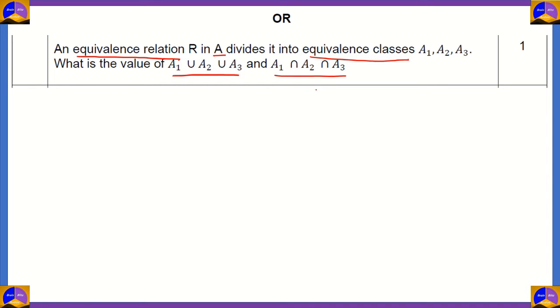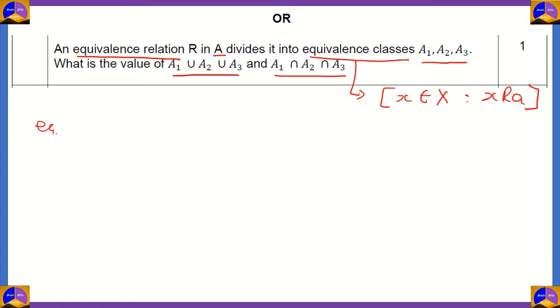So what is an equivalence class? An equivalence class is such that x belongs to the set such that x has a relation with the element a. So over here we have the equivalence classes as A1, A2, and A3.